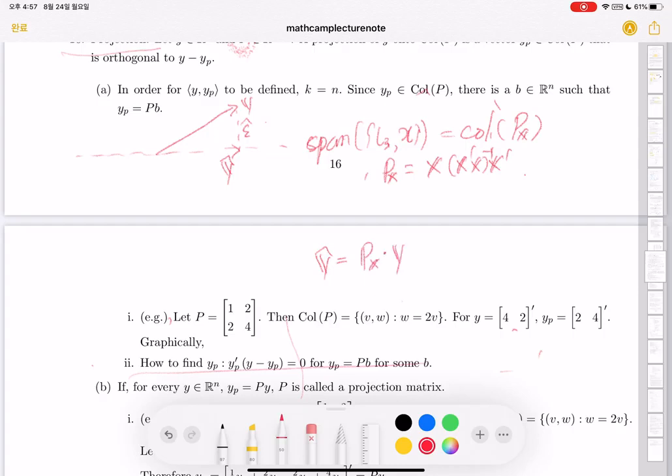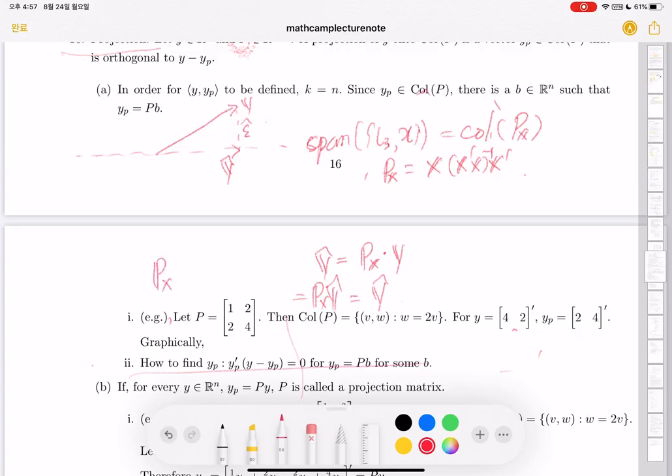Now let's do the projection again. So P of x times y hat, so twice the projection. If you project y hat again onto itself, it is the same because it's already there, right? So this is y hat, and what is P of x times y hat?